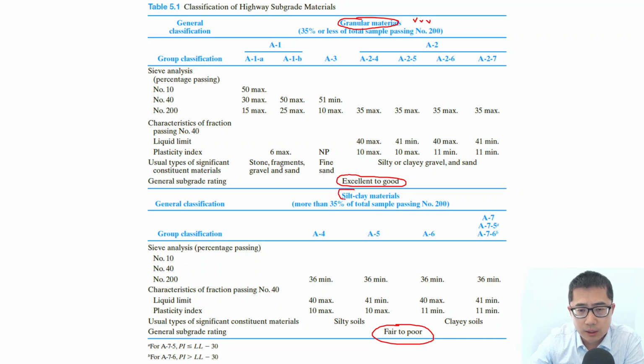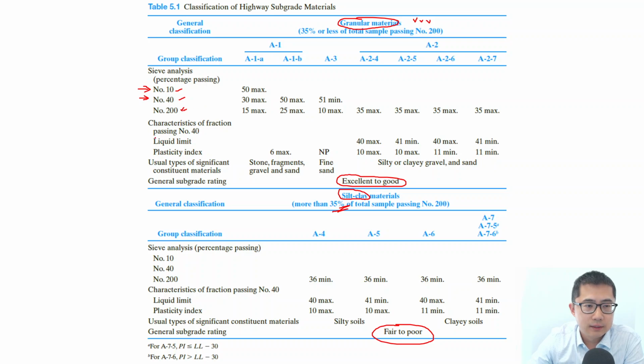If you have more than 35% passing number 200, you're going to be classified as a silt or clay material. Another little difference between AASHTO and USCS is that in the USCS system you have to use number 200 and number 4, but in the AASHTO system, you absolutely have to use number 10, number 40, and number 200. Okay.